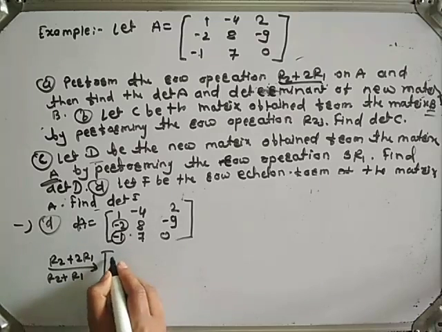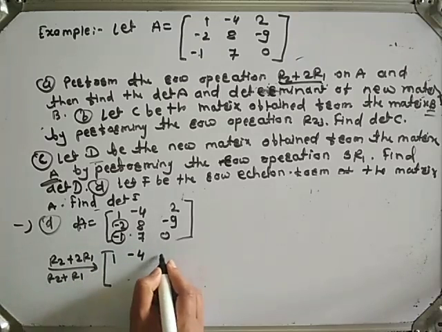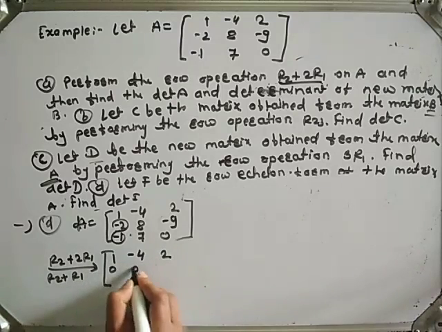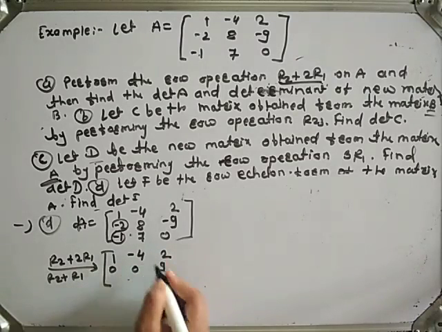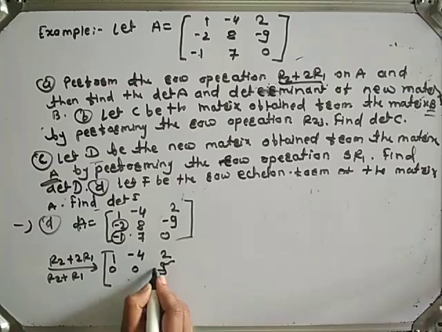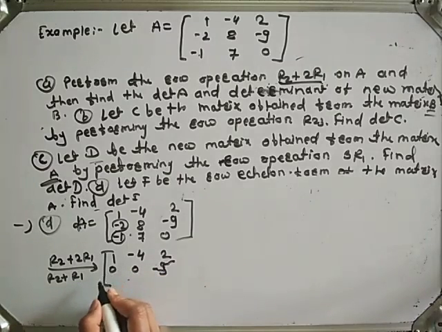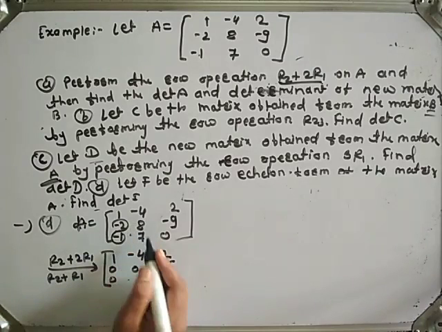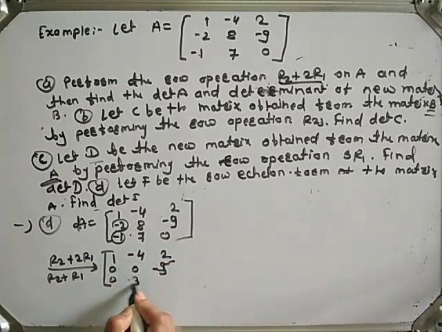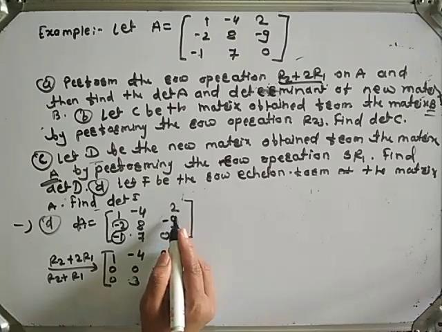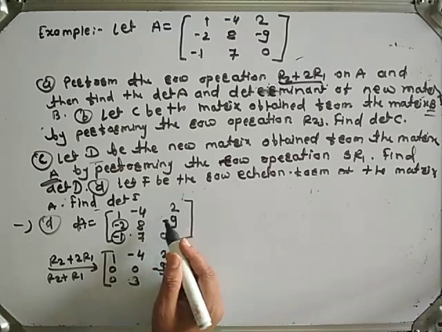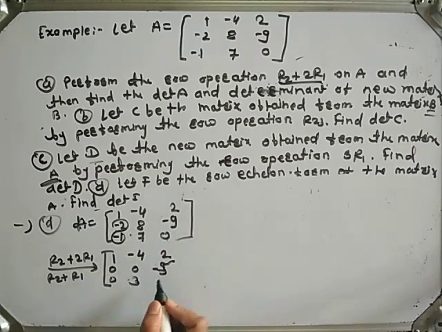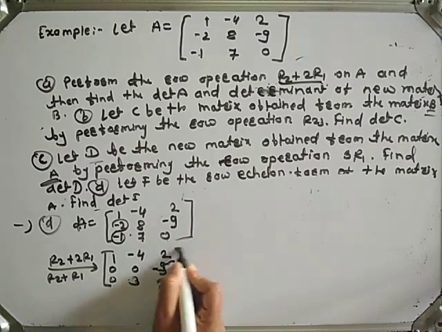So: 1, -4, 2; here 0, then -5 here, then 0, 7 minus 4 is 3, -9 plus 2 is -7.